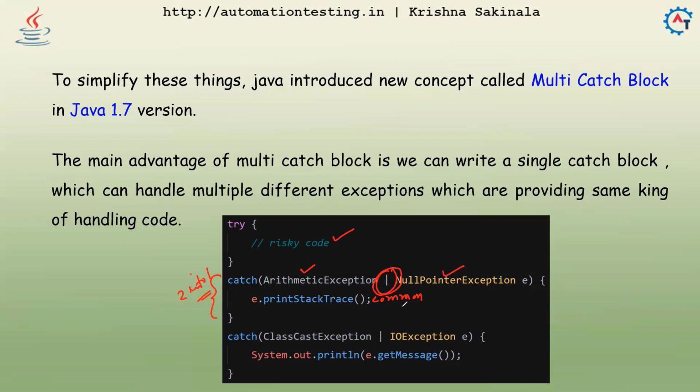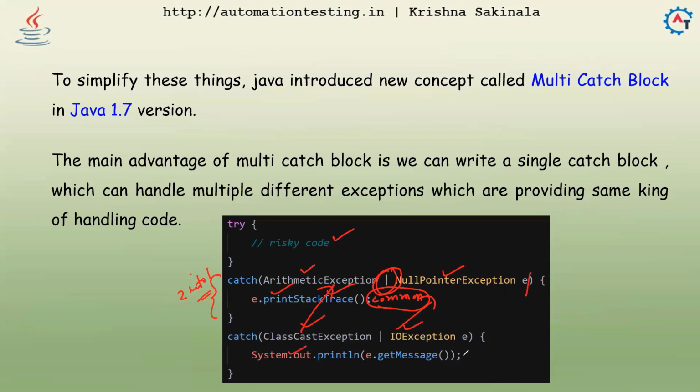If you are doing the same handling, and class cast exception and IO exception also print e.printStackTrace, you can move these two here too by putting the pipe symbol. But this is different, just for the sake of example.